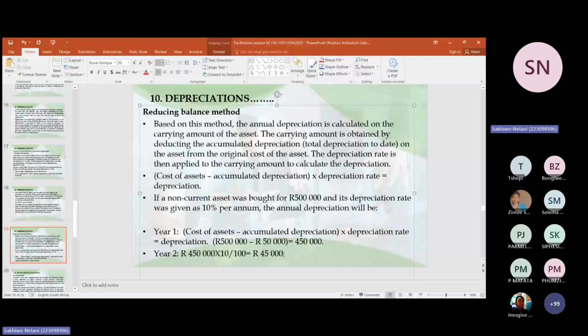Calculate year 3 for me, using a diminishing method.